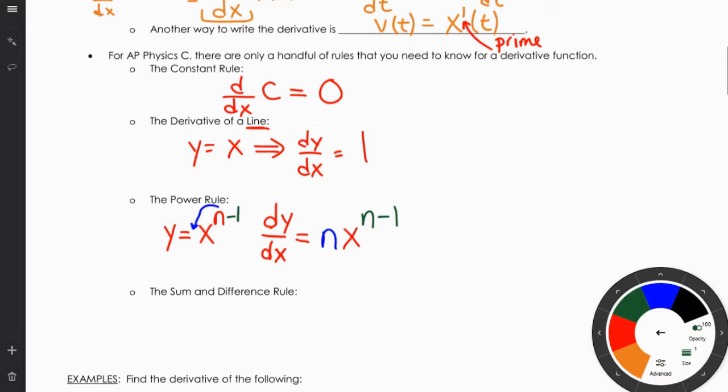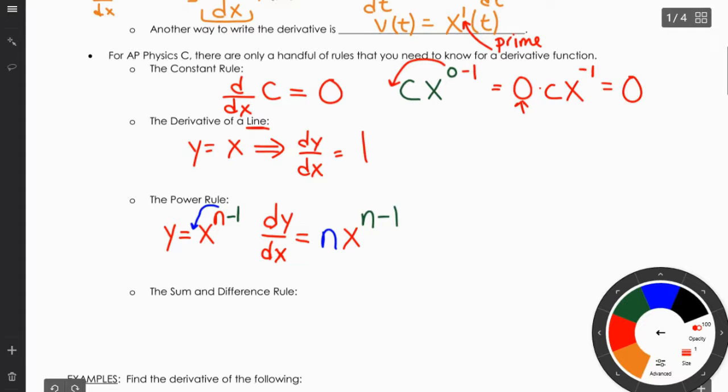Okay, so if you think about a constant, if I write that as a function with x and follow my power rule, I bring 0 down in front of it, and then I subtract 1. So I have 0 times c times x to the negative 1. But because 0 times anything is 0, it goes away.